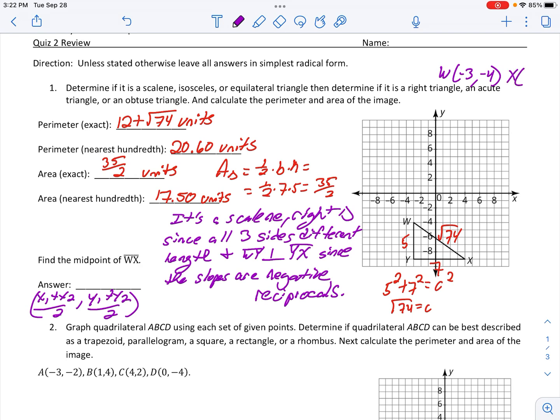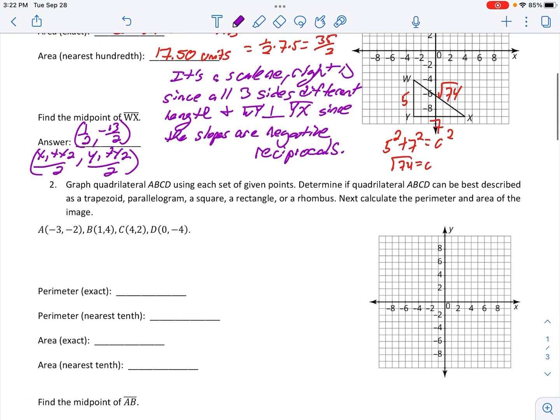X is located at 4, -9. So x plus x. So -3 plus 4 is 1 divided by 2, so 1/2. -4 plus -9 is -13 divided by 2. So 1/2 comma -13 halves. Fractions are fine. It's preferred, but it is also a nice decimal.